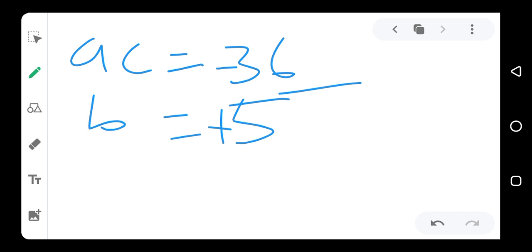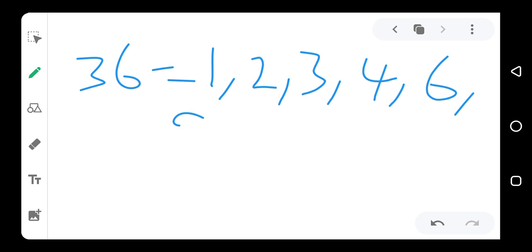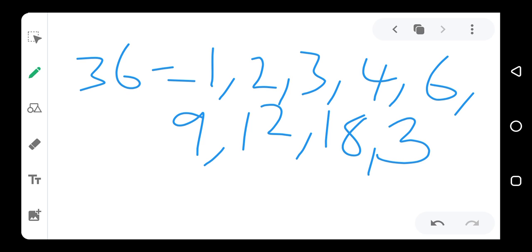To do this, we start by looking for the factors of 36, the numbers that can divide 36 without remainder. 1, 2, 3, 4, 6, 9, 12, 18, and 36 itself.